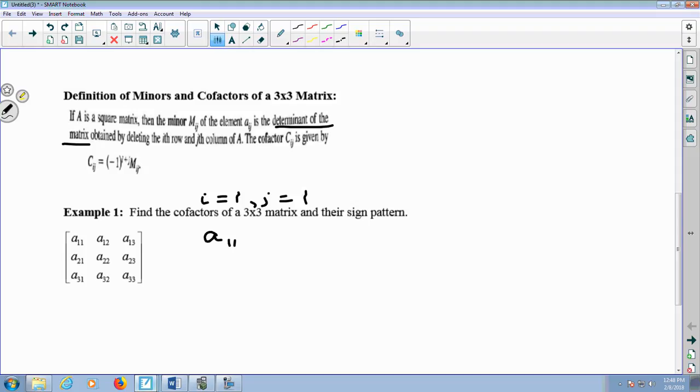So what we do is we eliminate the ith row, which would be the first row in this case, and we eliminate the jth column, which is 1 in this case, and the determinant of that matrix is equal to M11. So M11, which is associated with A11, is the determinant of that matrix right there. Okay, so that would be the determinant of A22, A23, A32, A33.